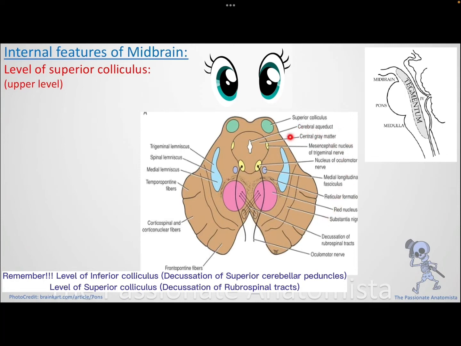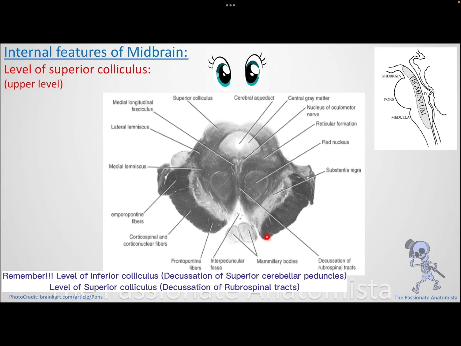So the cerebral peduncle has tegmentum, substantia nigra, and crus that has the motor stuff. And here, lemnisci, cranial nerve nuclei. There, tegmentum, superior colliculus level. How did I know? From the red nucleus. What kind of lemnisci? Medial and lateral lemniscus, the most prominent ones.